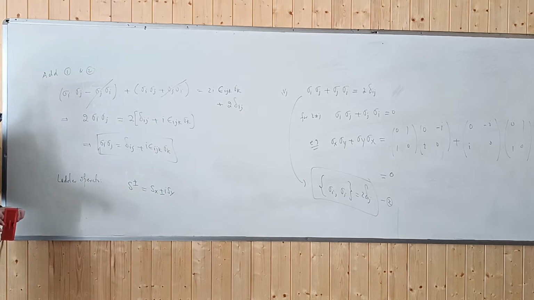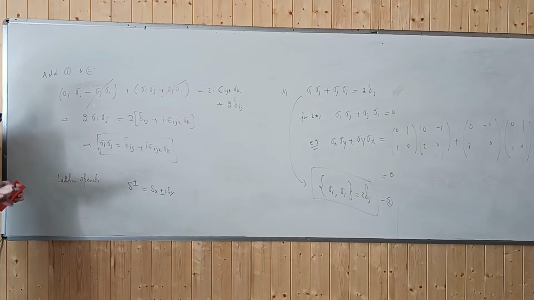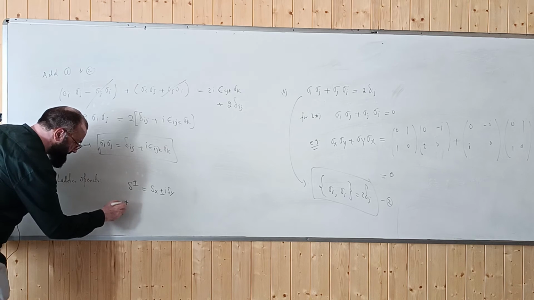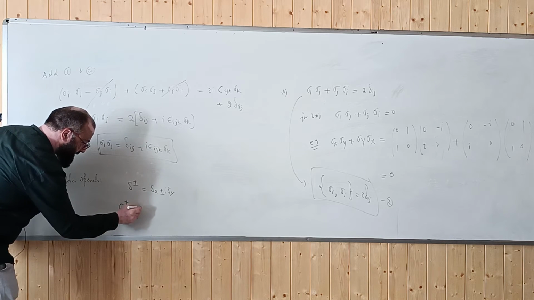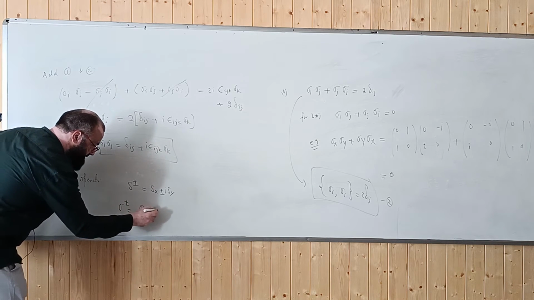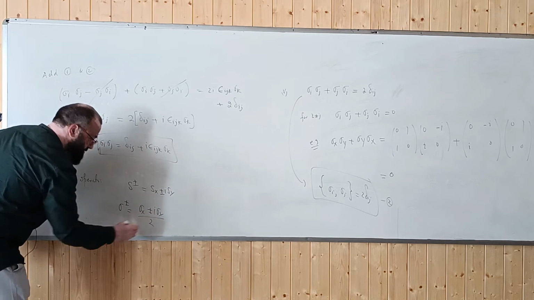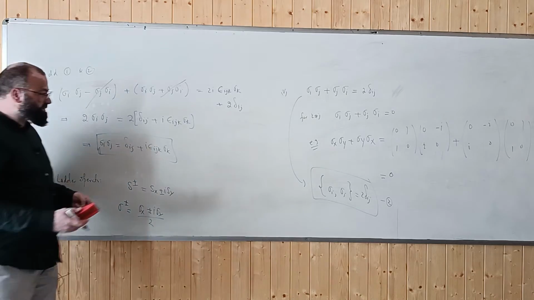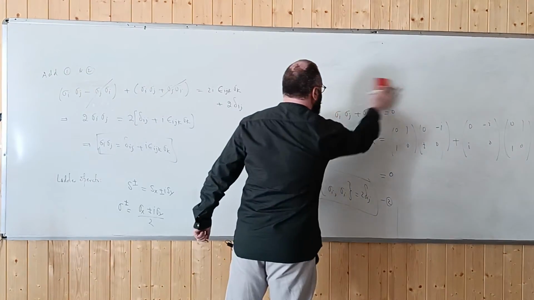S plus means spin up, it raises your angular momentum by 1 step, and S minus lowers your angular momentum by 1 step. Therefore I can define sigma plus and minus as sigma x plus minus i sigma y by 2. This is the spin raising and spin lowering operator. So you can write the matrix representation.